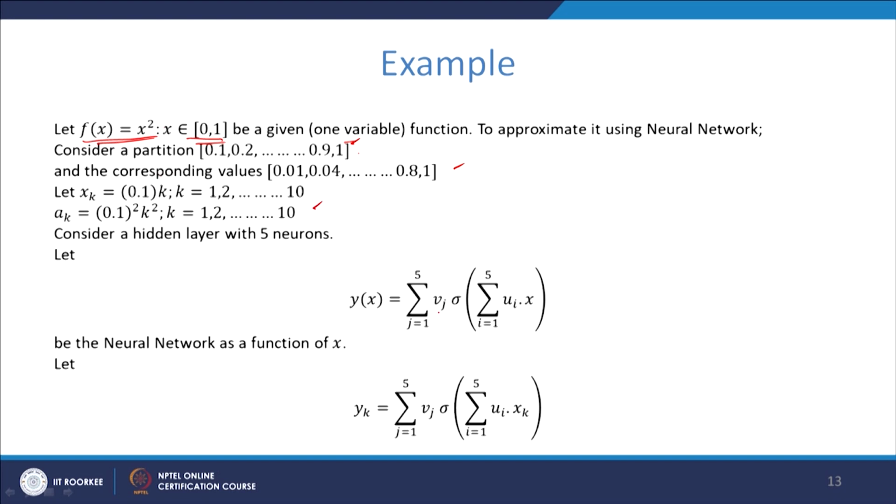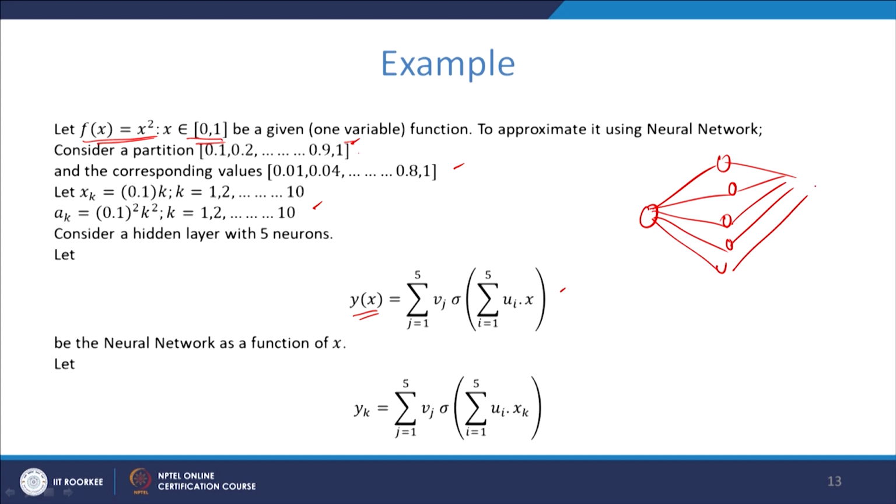Now, if you define the neural network for any value of x in this particular manner, here we are considering one input, again we consider 5 hidden neurons in this case, and then one output.